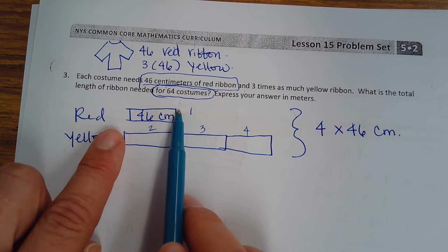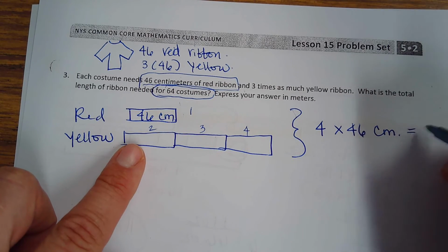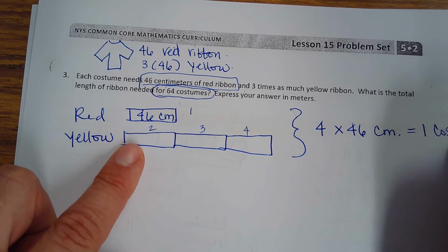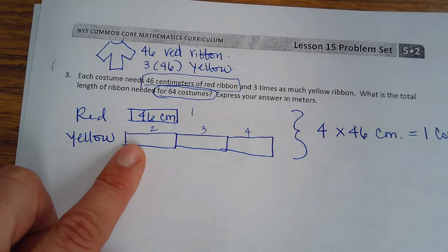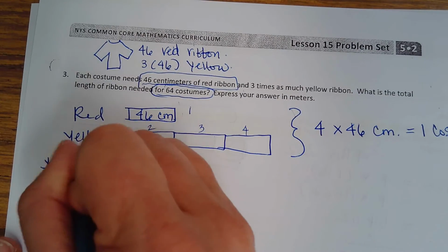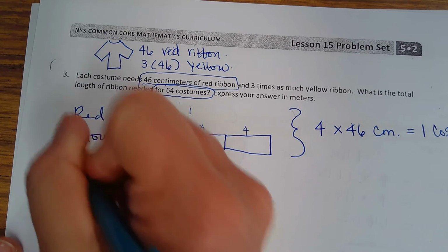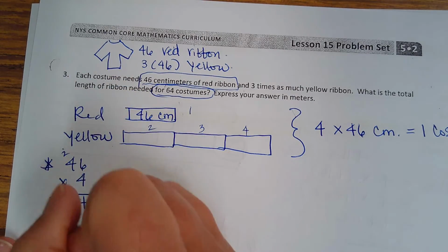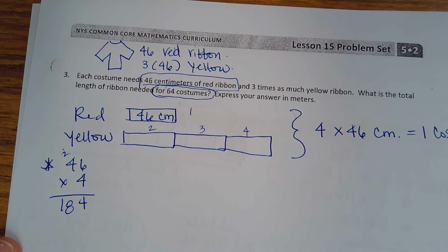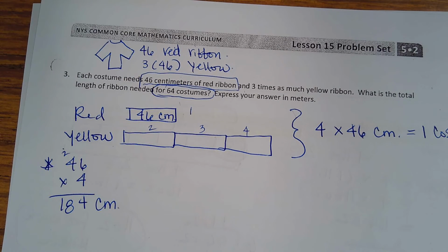You need 2, 3, and 4 to make one costume, correct? Yes? Okay, so let's do it. 46 times 4, 184 centimeters, right?